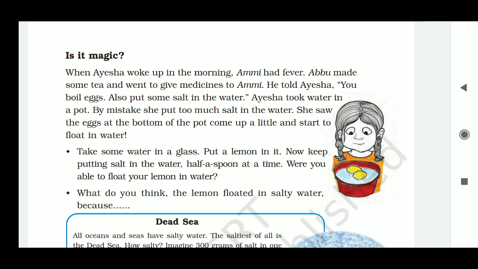So first the salt will dissolve in the water, and when we increase the amount of salt, it will increase the thickness of water and reduce the level of water, which results in floating of the lemon or egg in water due to salt.